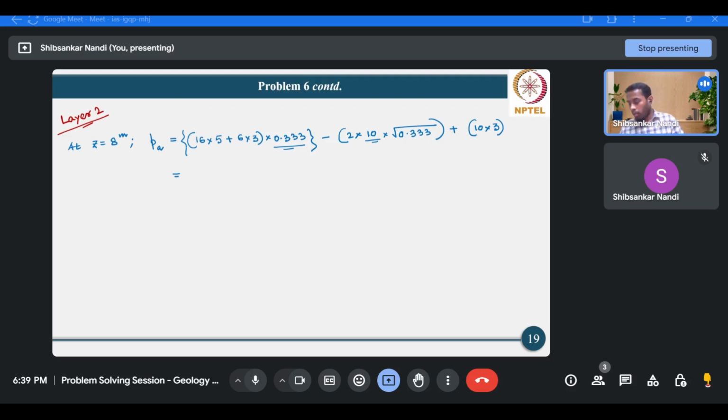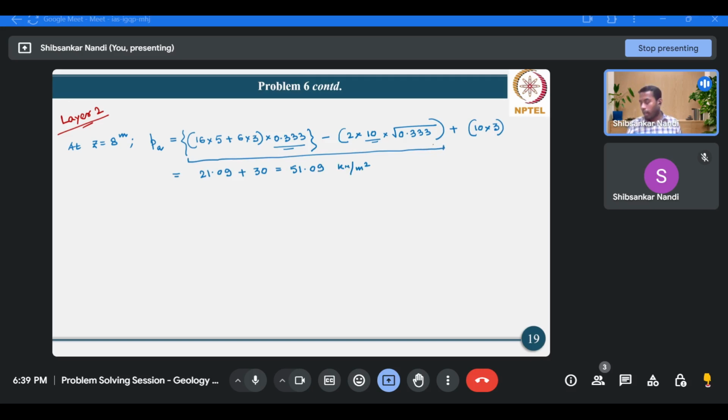So it's 21.09 plus 30, 61.09 kilonewton per square meter.